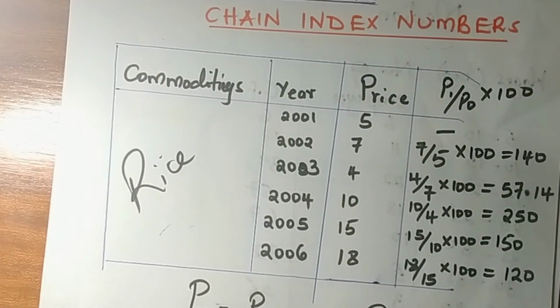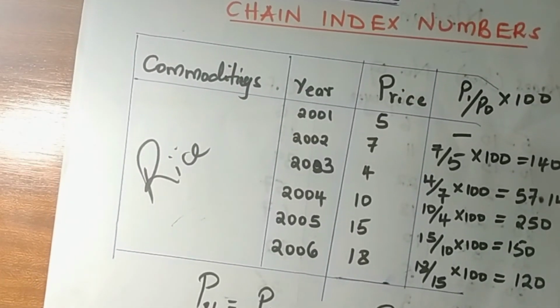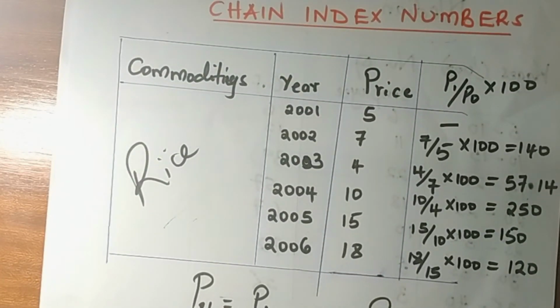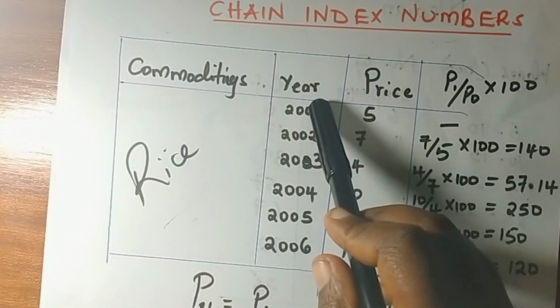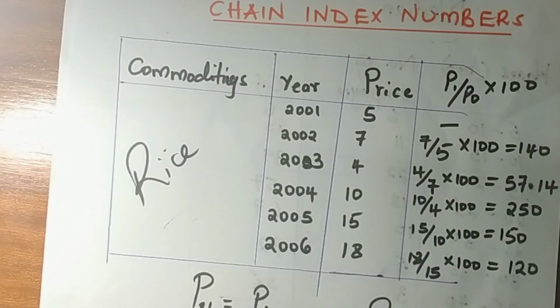A few limitations: this method is suitable only for short-term comparison of the value of the variable in the current period and the preceding year. That is to say, this value is only used for telling us what happened between 2001 and 2002.